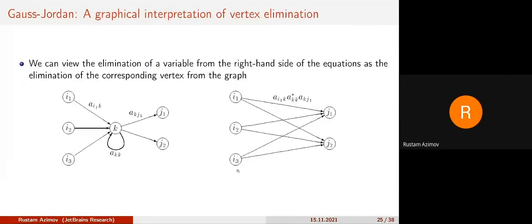So here we also have the graphical interpretation, and our elimination algorithm can be seen as an algorithm with vertex elimination. On iteration k we consider the vertex with this number and try to remove it.